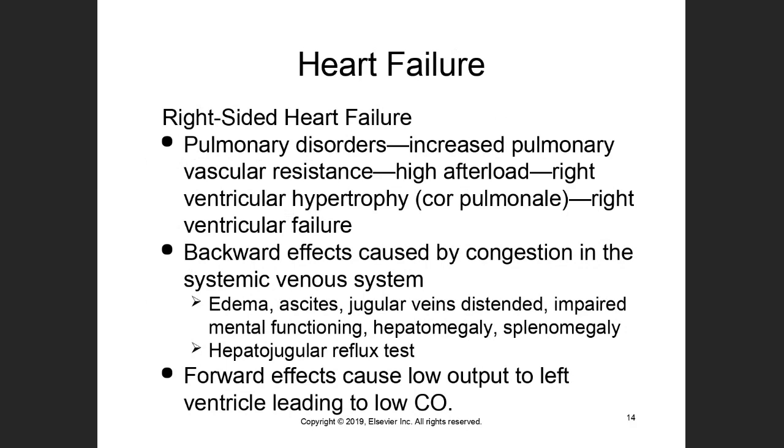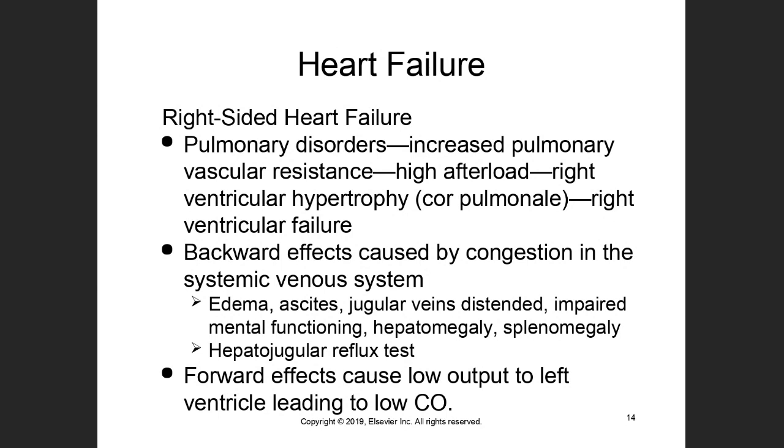Right side heart failure we have right here. Again, remember that the right side of the heart receives the blood from the whole body, collects all the blood, and pumps that blood to the lungs to get the oxygen. So if the heart loses the ability to pump that blood, the fluid, the volume backs up to the whole body.